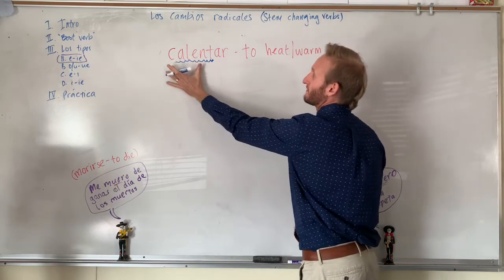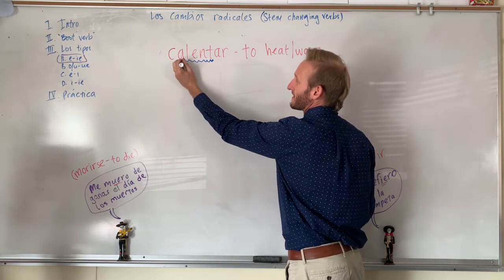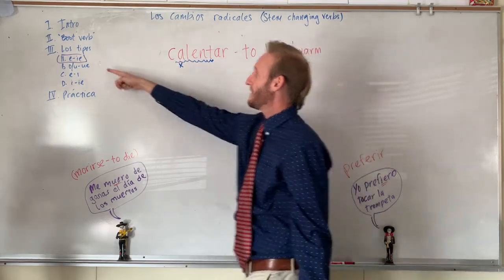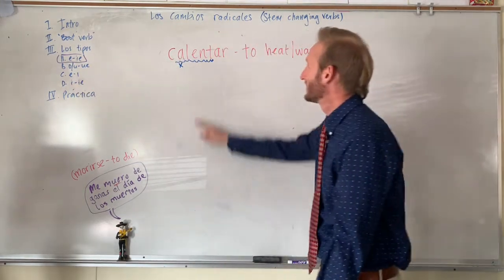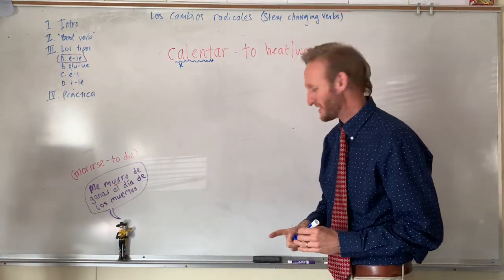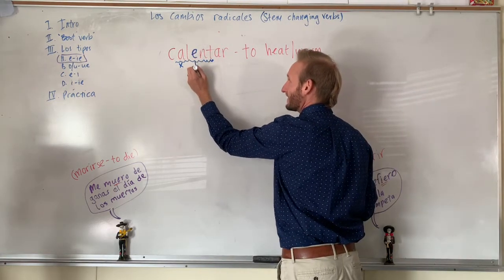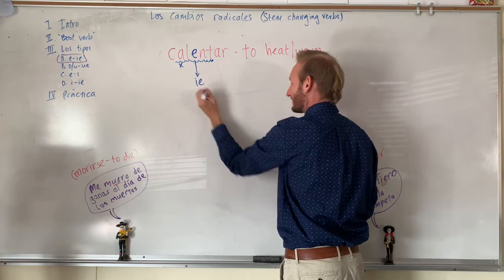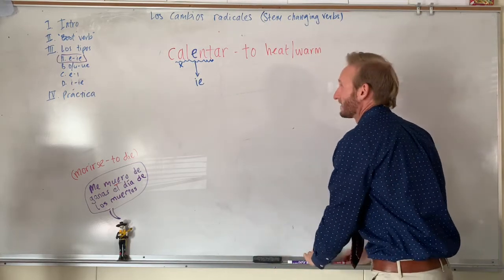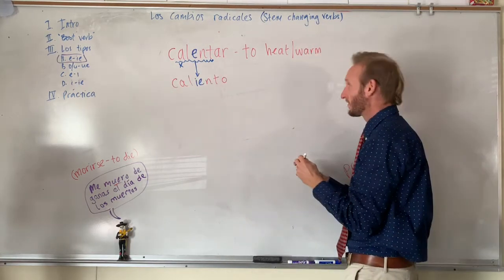Disregard this, focus here. It's not going to be this because there is no stem change. This is going to be your stem change right here, la e. And that is going to turn into ie, as in the yo form, caliento.